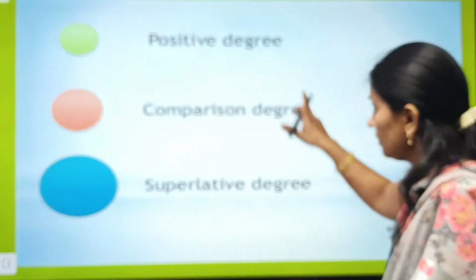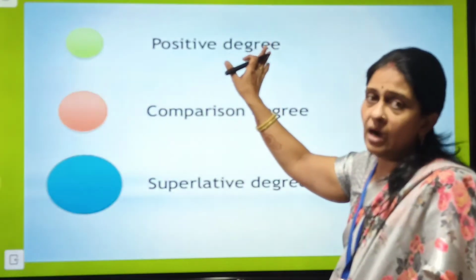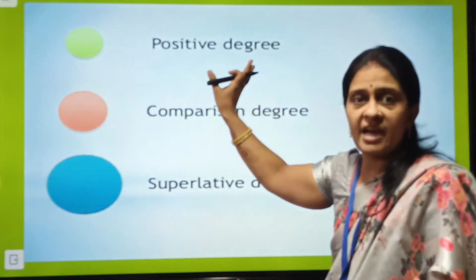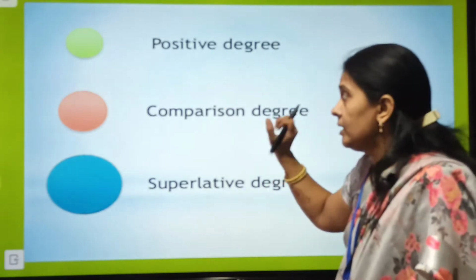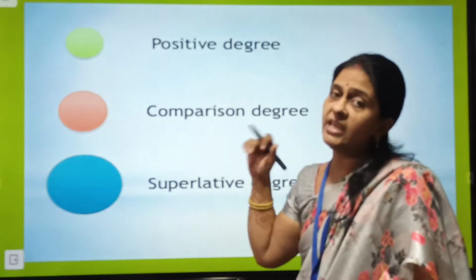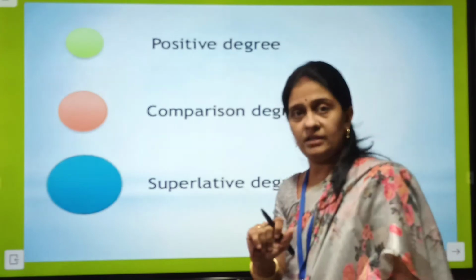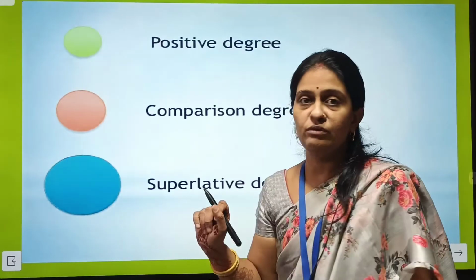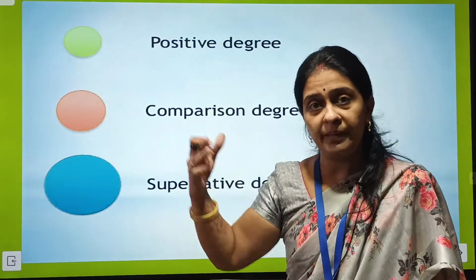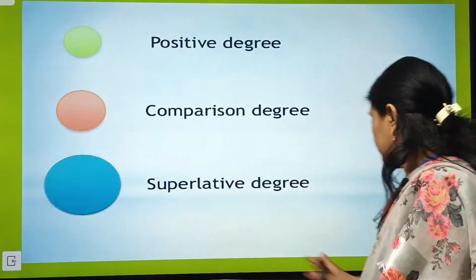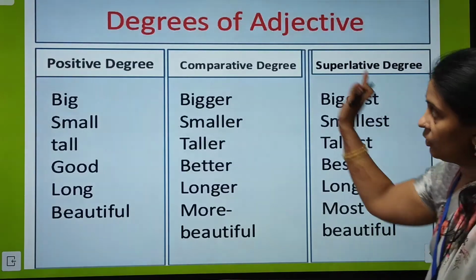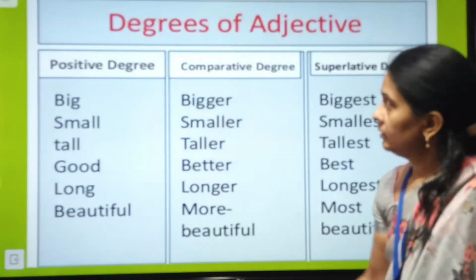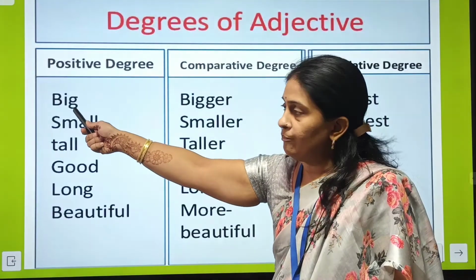So, in positive degree, we give a positive describing word, that is an adjective. Comparative, we use ER because we are comparing the persons or things. And superlative, we use EST because it is superior to everybody. So now, look at this chart. In the positive degree, I have big.